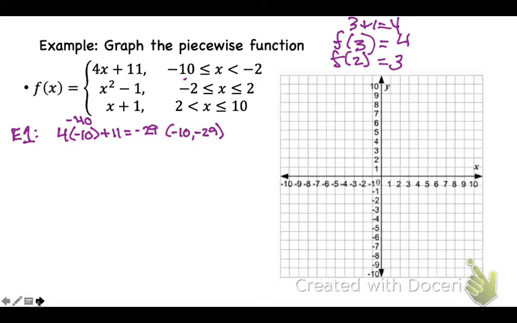That's all I'm doing. What's its last point in that domain? -2. So guess what I'm going to plug in? -2. So 4 times -2 plus 11. I get -8 plus 11, which is 3. So that point is (-2, 3).